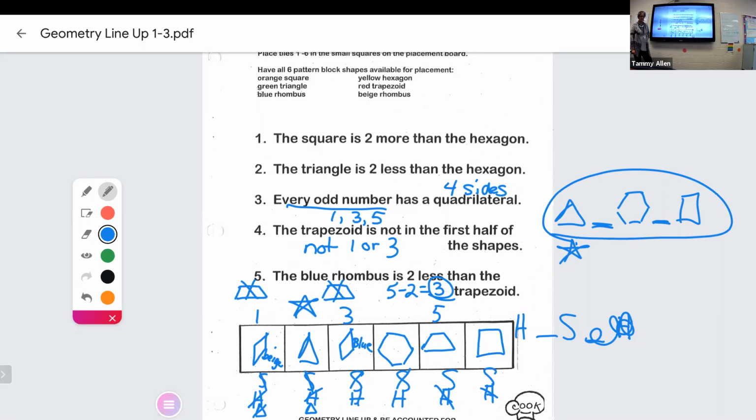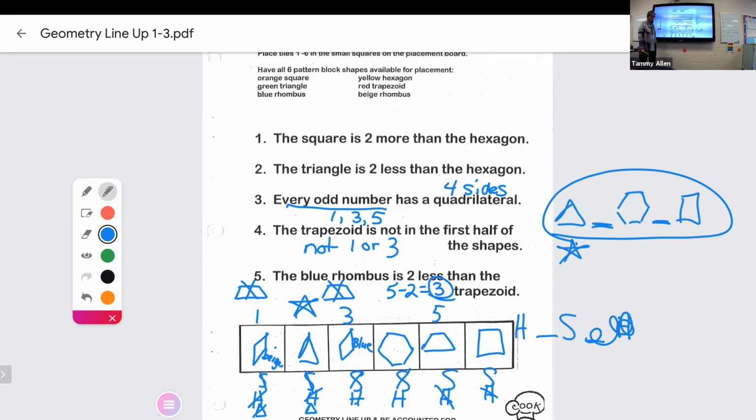Yes, ma'am. Do I have to trace my shapes in the box as well? Okay, here's my question. How will I know what your answer is? Can we just put the name of the shape?